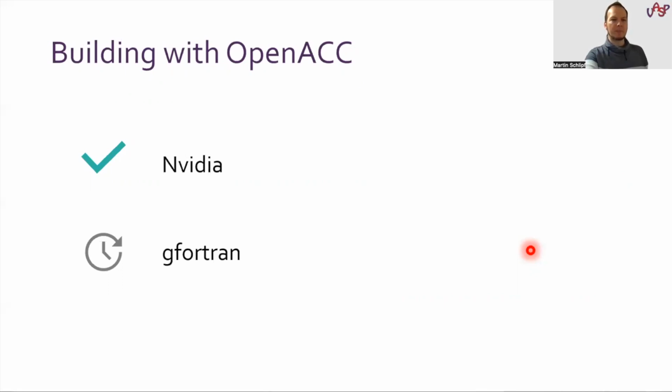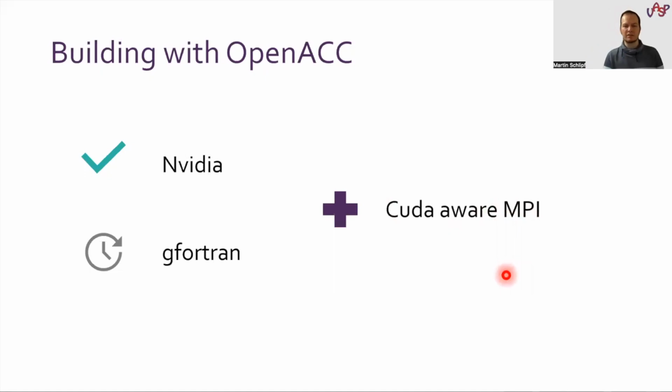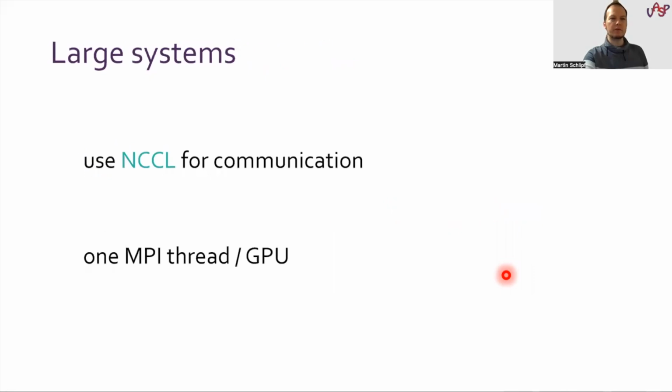In addition to an OpenACC-capable compiler, you also need a CUDA-aware MPI. The MPI needs to know that there are GPUs that you want to use for parts of the calculation, so that it properly communicates the data from one GPU to another, where this is necessary. If you have large systems, we recommend that you use the NVIDIA Collective Communications Library, NCCL, for communication, as we found that this is more efficient.